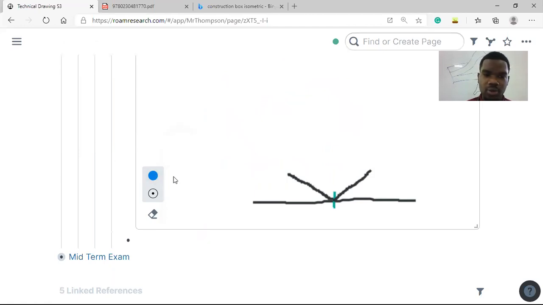The first thing we need to do is to create our construction box. So what I'm going to make sure you do is draw your construction box going 70 millimeters out. Let's go 70 millimeters. Here we go. Okay, 70.